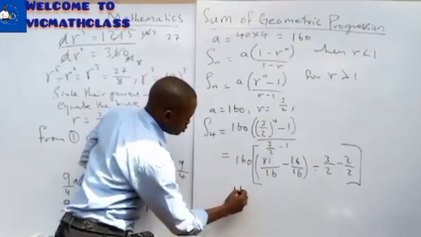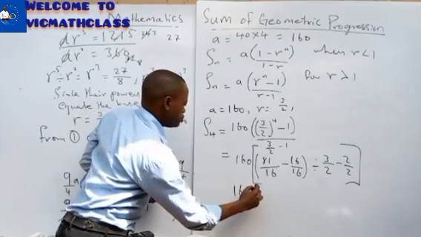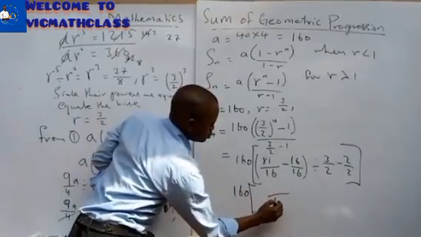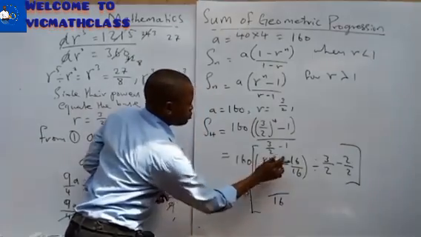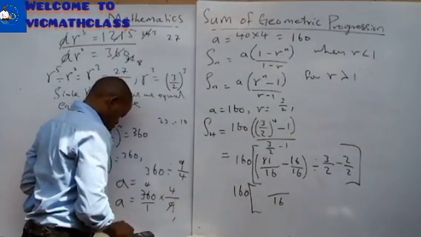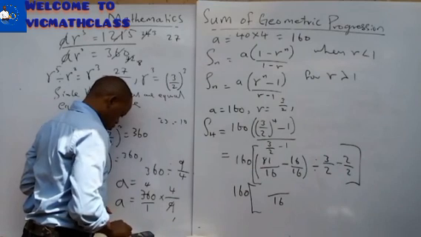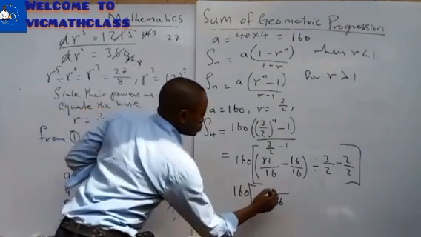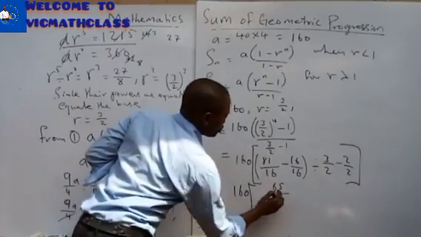So 160 in bracket. The LCM here is 16, so I will have 81 minus 16, which equals 65. So I have 65 here.